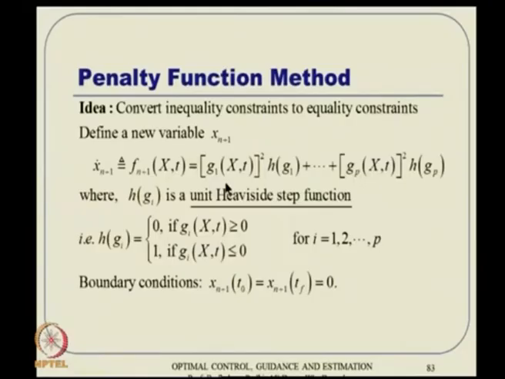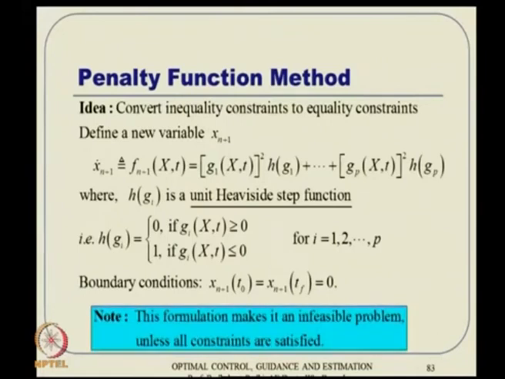But the critical observation was that along with this state equation, we want to put this boundary condition also. This equation is guaranteed to be positive the moment any constraint is not satisfied, so x dot is guaranteed to be positive, and hence this boundary condition will never be met. So essentially this formulation makes it an infeasible problem unless all constraints are satisfied.